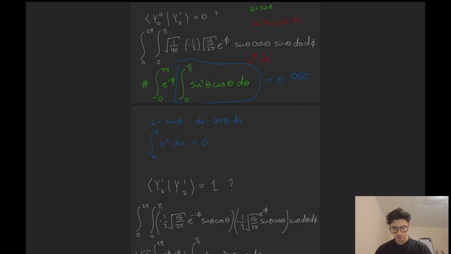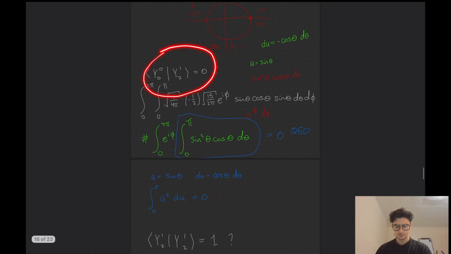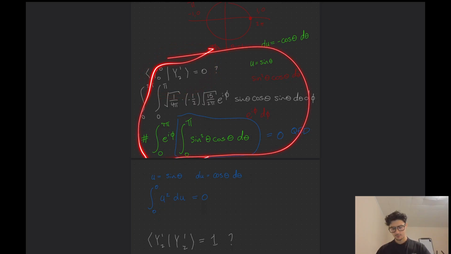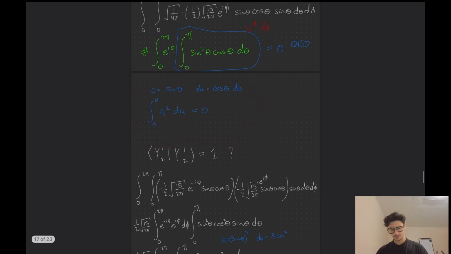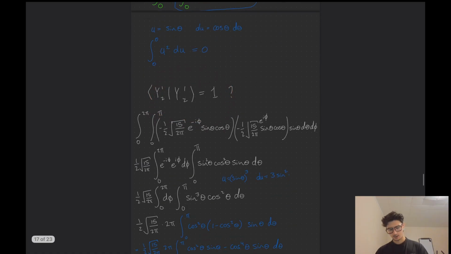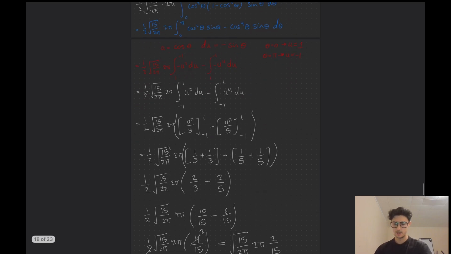But then we also have to change the bound, so I plug 0 into this to get the bound for u. Sine of 0 is 0, and sine of pi is 0. So this integral just gives me 0. This is the easy way to do this one. So this is an important thing. Please remember this. Then for this one, we have this integral here. Just remember, multiply these factors out front, and then the same thing follows through.